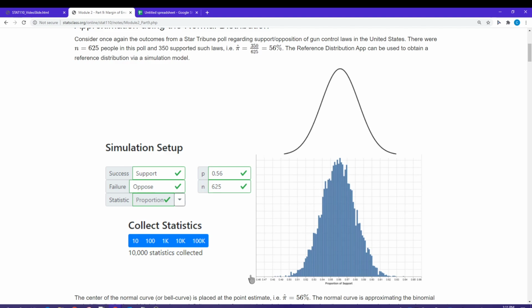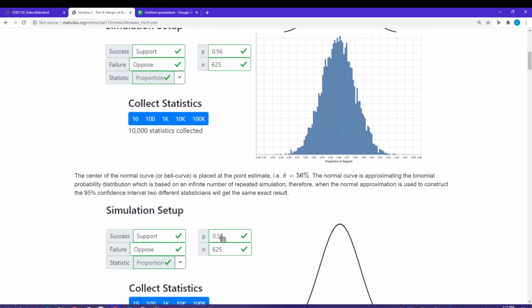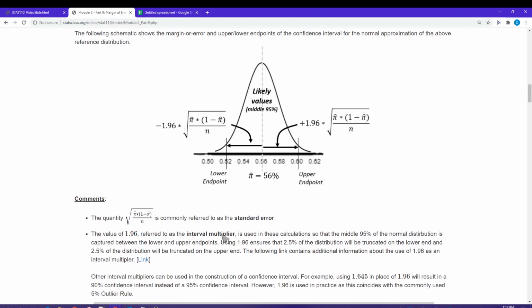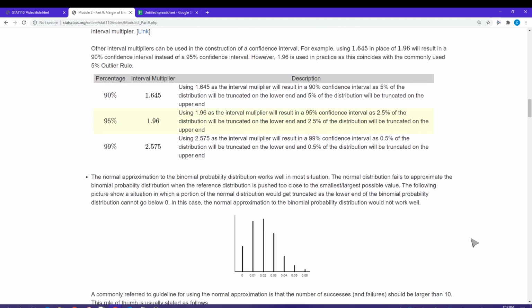Again, if it's too close down to 0, this left side is going to be truncated, which means that the left side of that normal distribution is not going to work very well. So that's one nice thing about the simulation app, is that we can actually see the reference distribution and decide for ourselves whether or not we believe that the normal approximation is a good fit.